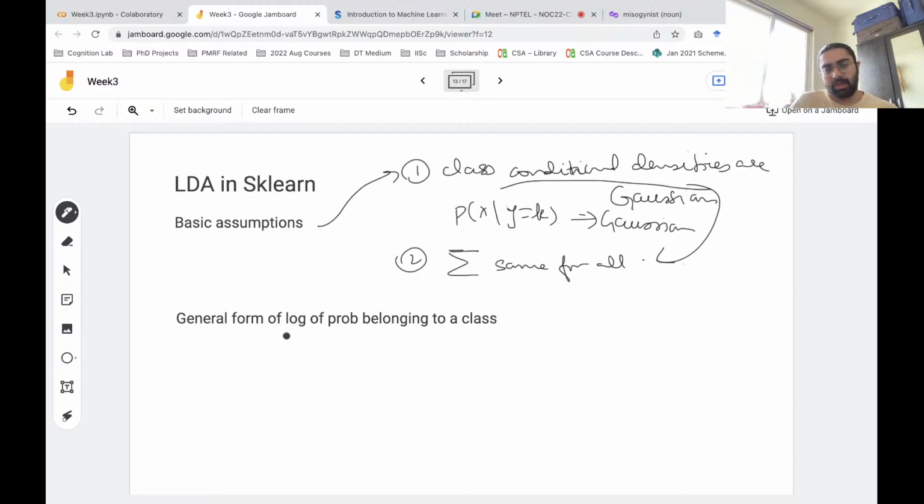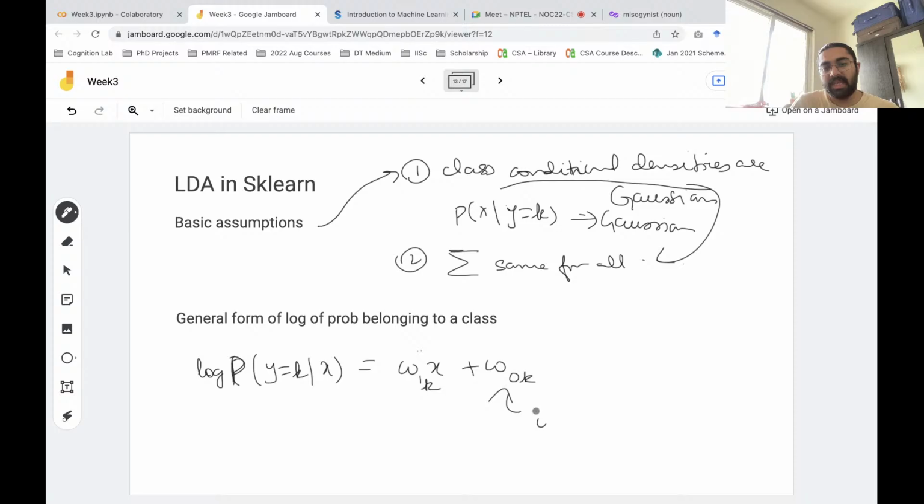And so the general form for trying to understand this logarithm of the probability of belonging to a class, y equal to k given x, is basically some weight vector times x plus some constant. So let's say w1 and w0, but these are for each class, right?